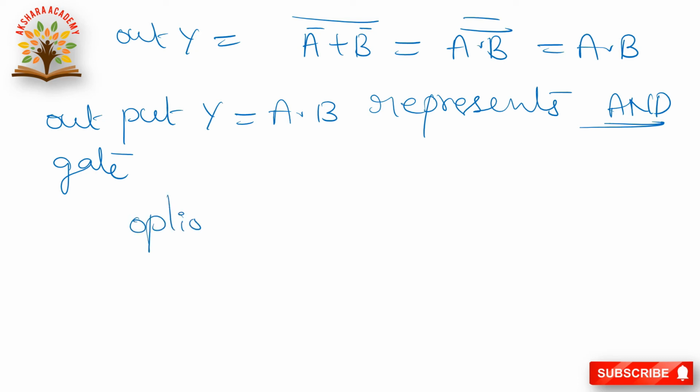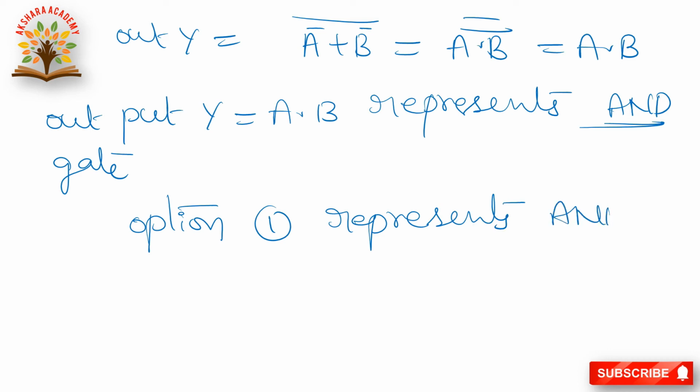So option 1 represents AND gate. Okay, so the first option is correct, AND gate. Now let us go to the next question.